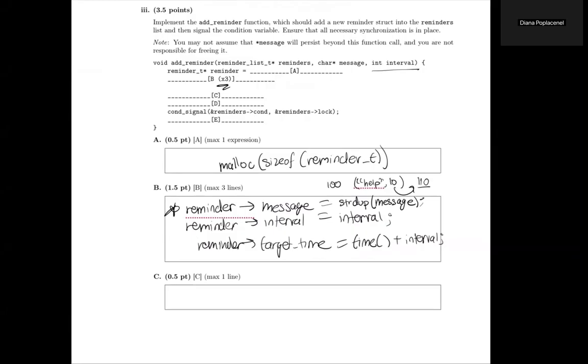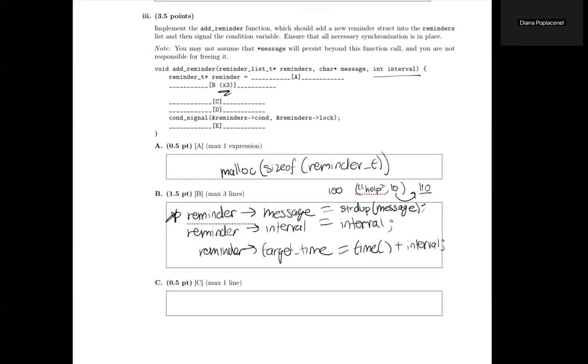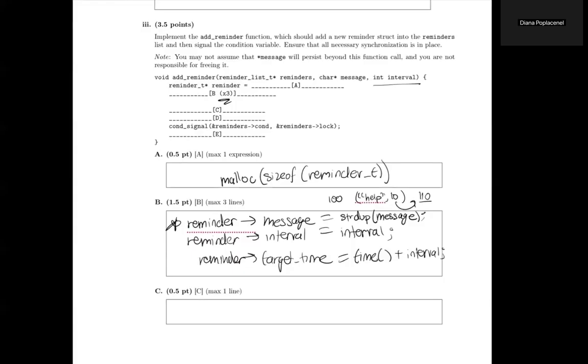Okay, moving on. So we've basically initialized all we need for reminder. And now what else do we need to do? So we remember that we're given 3 parameters. We already used message, we used interval. What do we need to do once we actually initialize a reminder struct? Well, we have a list of reminders, so we're going to need to add the new reminder to that list.